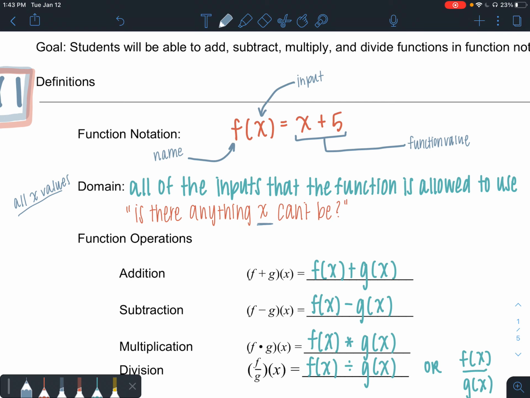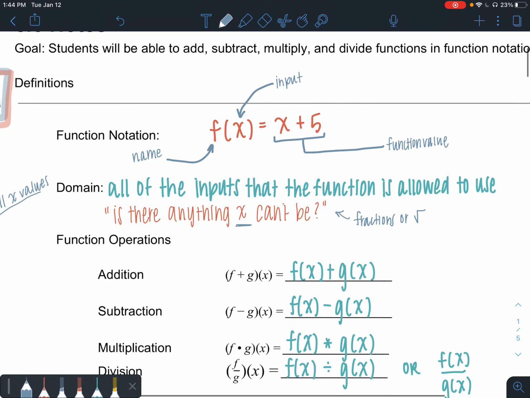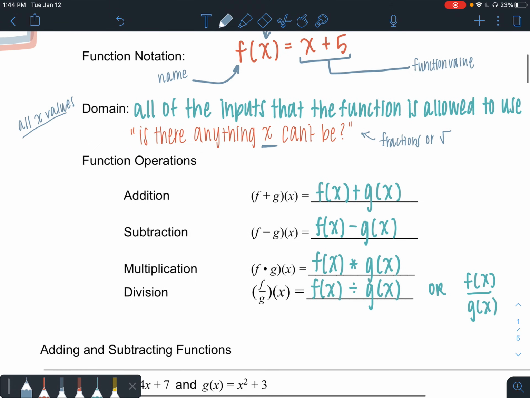There are two scenarios where x can't be something: when x is in the denominator, so we have to deal with fractions, or with even roots. We'll get to that a little later.